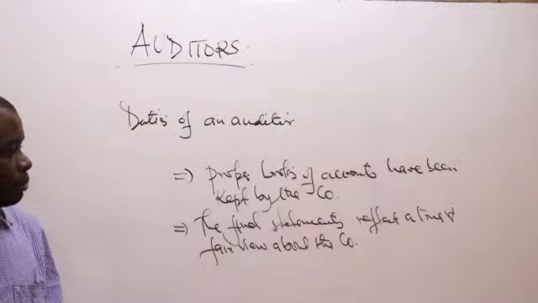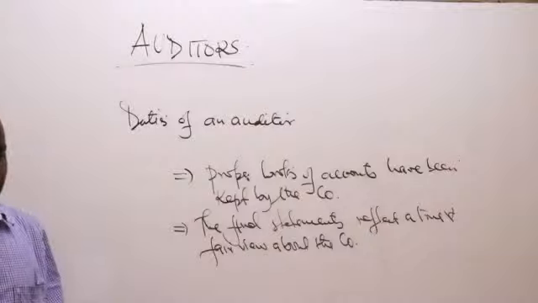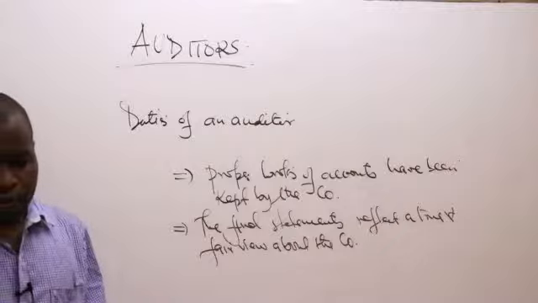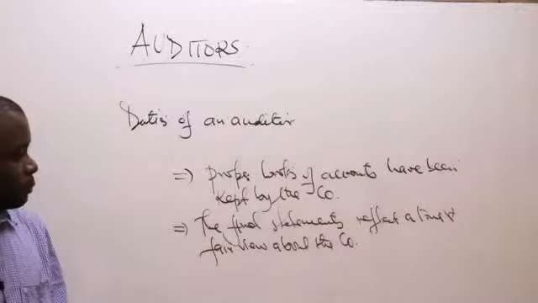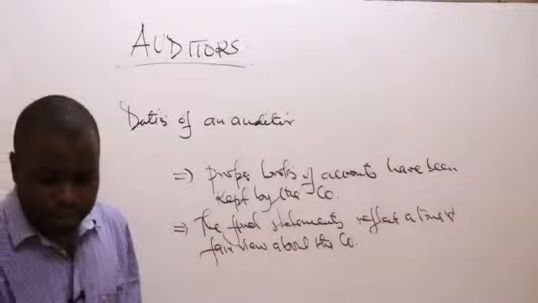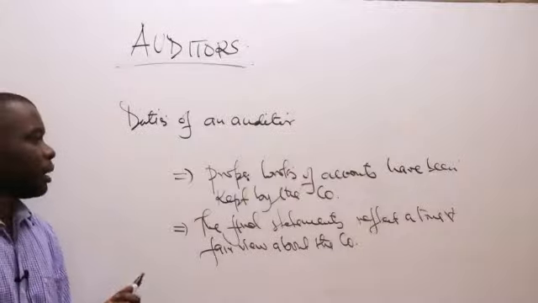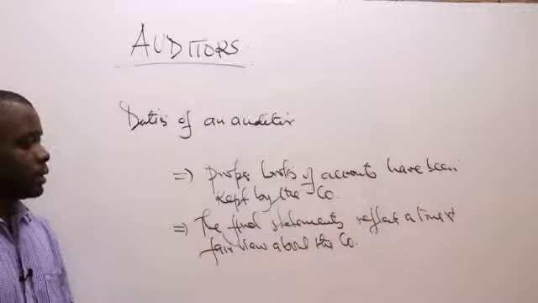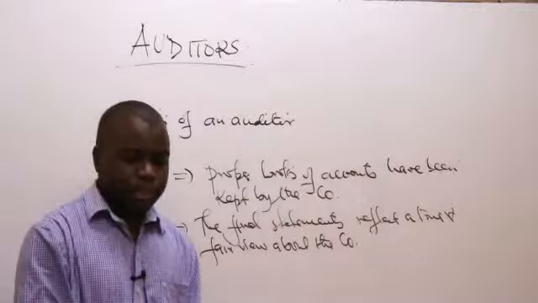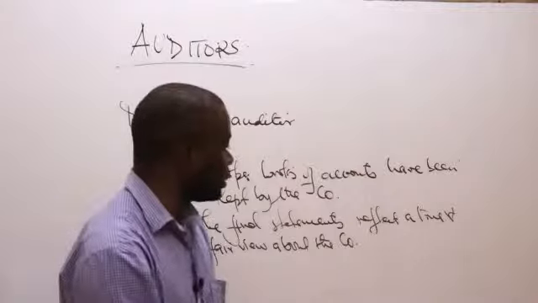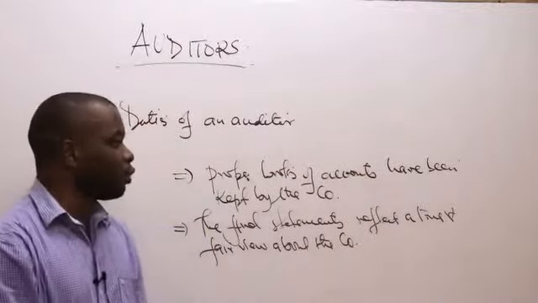So that will be part of his duties or roles as an auditor of the company. So ensuring that proper books of accounts have been kept and the final accounts reflect a true and fair view about the company.